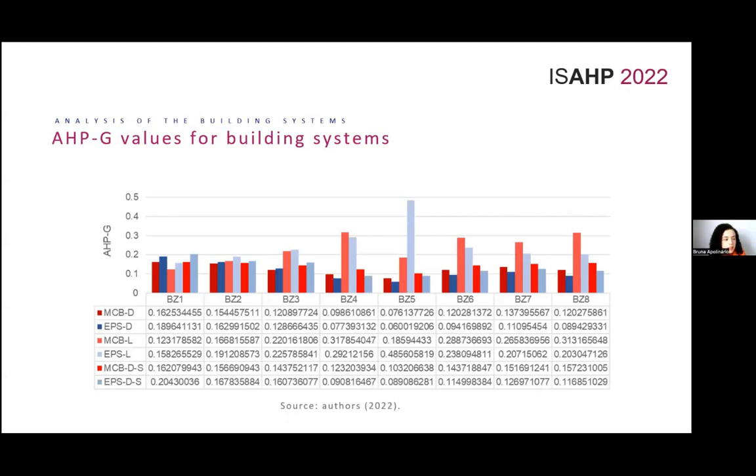And when performing the AHP analysis with the previous parameters, it was seen that in zone 5, the EPS with light color had presented a much better performance than the other systems, while in zone 2, there was no significant difference between these systems.